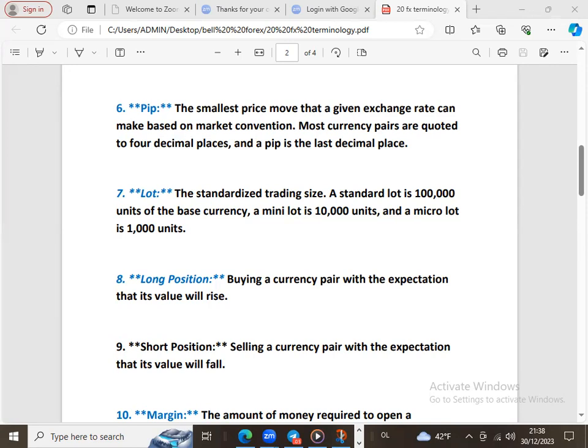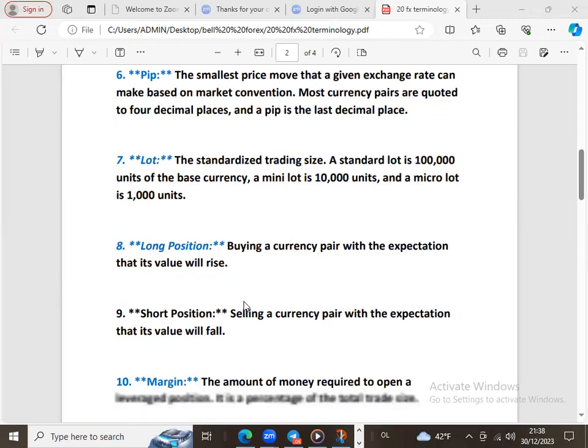So you are going to be using the lot size and the pips to know how much you have made or lost in a trade. So the lot size is very important. You are going to learn about lot size and pips in the videos that are coming after this.